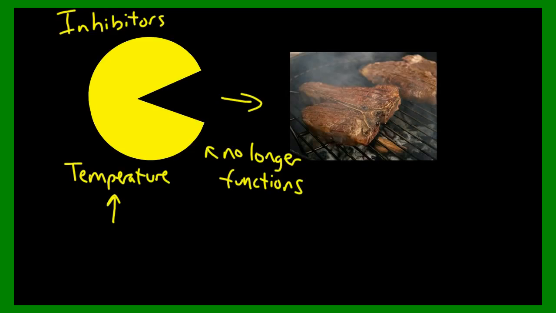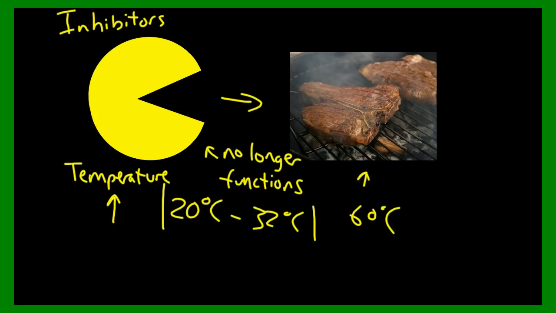And oftentimes enzymes have a range of temperatures, which means they go from, let's say, 20 degrees Celsius to 32 degrees Celsius. And they only work within that specific range. If it gets too hot, like 60 degrees Celsius, it gets cooked. If it gets too cold, like 0 degrees Celsius, it gets frozen. Let's draw some ice on this enzyme. It can't work when it's too hot or too cold.